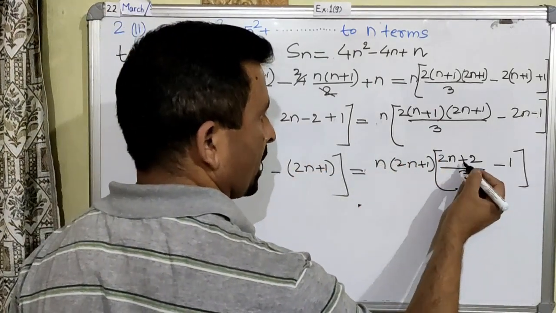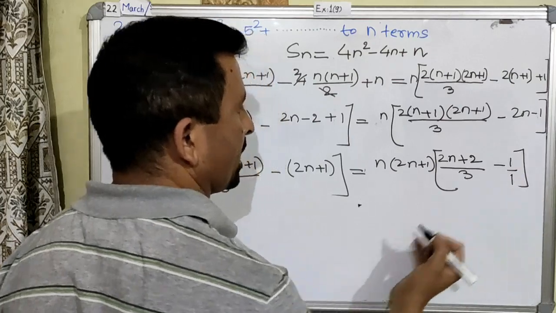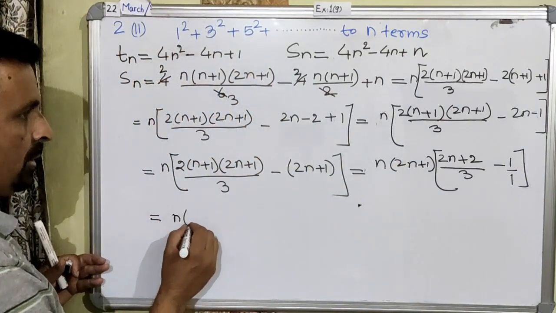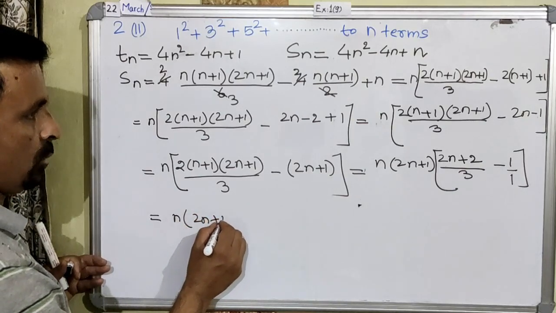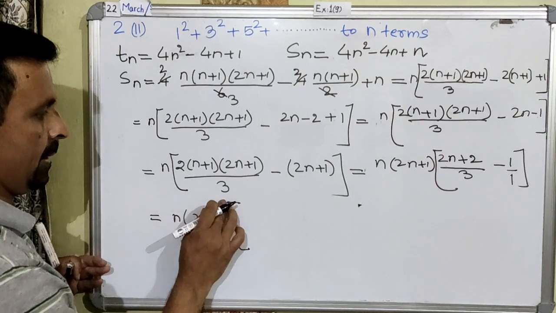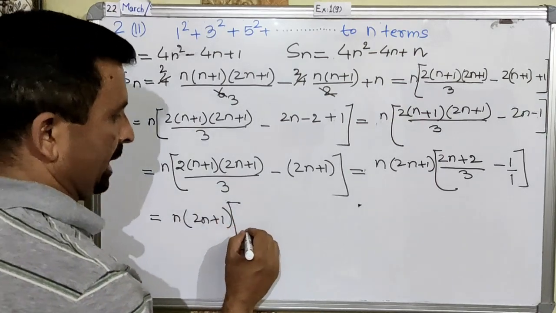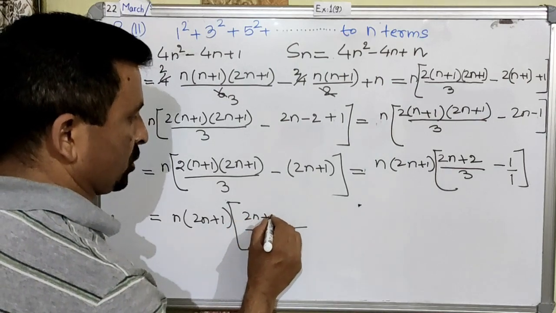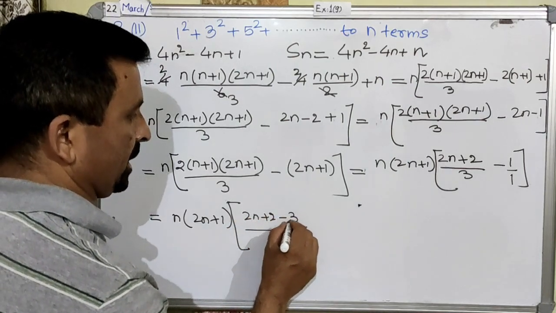Now this is a whole number and this is a fraction. Again, I will make this also a fraction and we can simplify. So this is n into (2n + 1), and then the LCM of these two will be 3. Numerator is 2n + 2 as it is, and then this is minus 3.